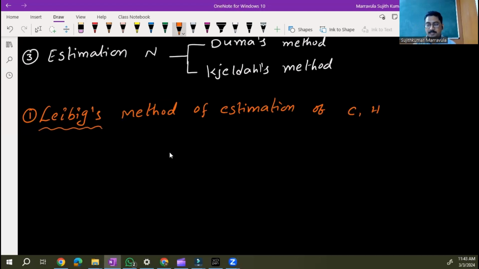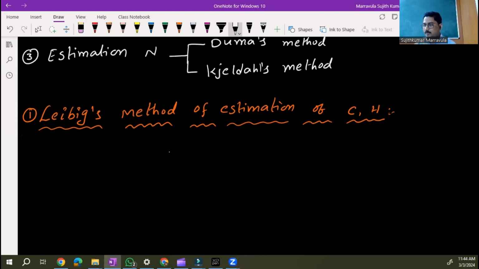For this estimation, every time we have to take a known amount of the organic compound, for example 0.5 grams, 1 gram, or 2 grams. In that organic compound, how much percentage of carbon and how much percentage of hydrogen are present?